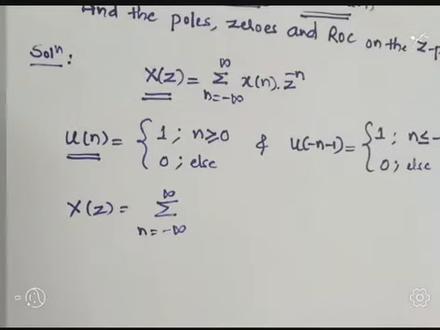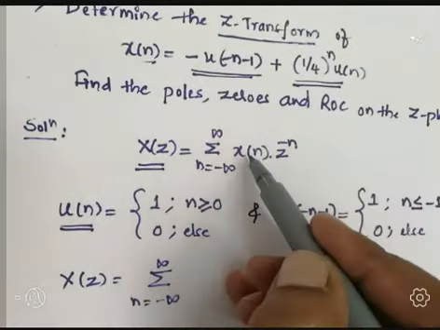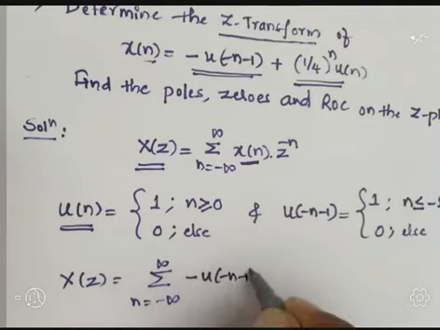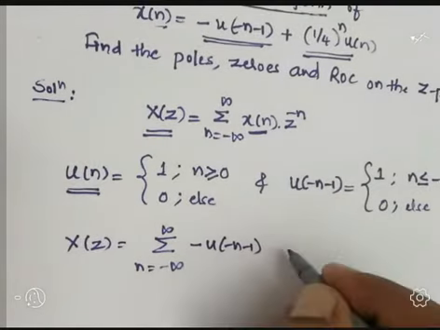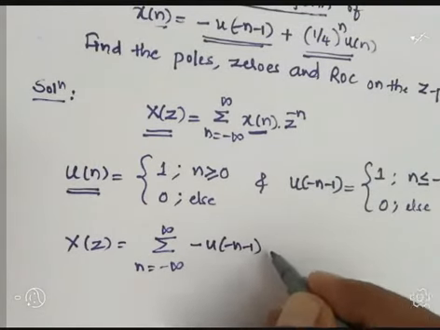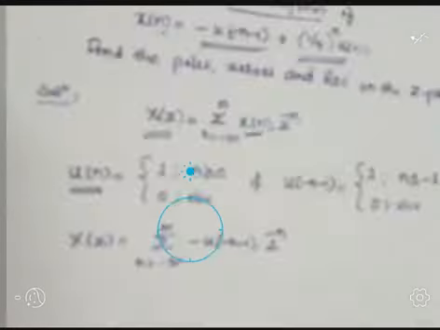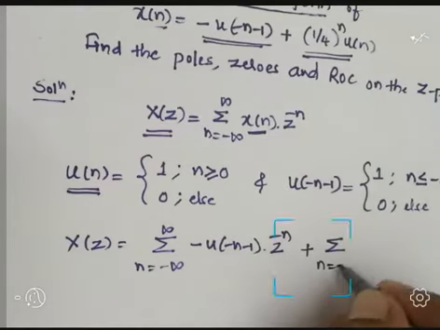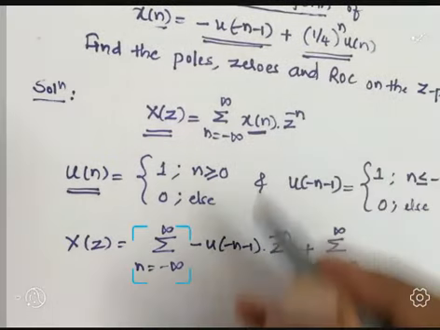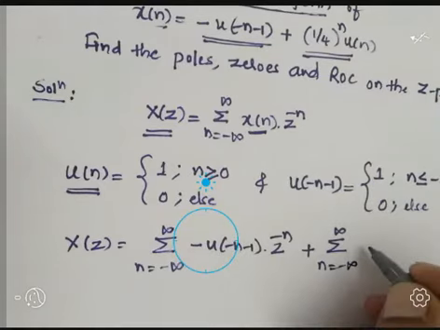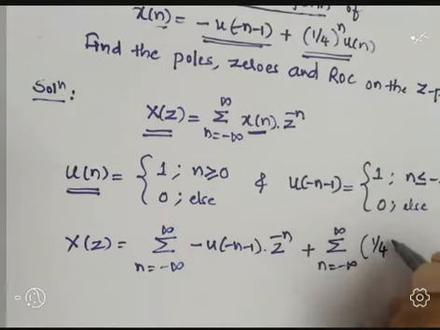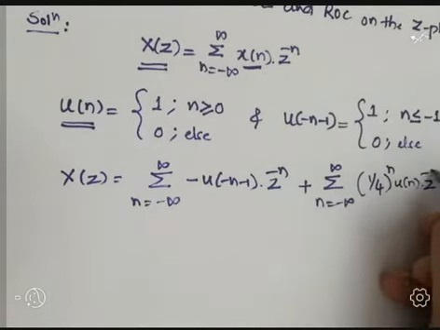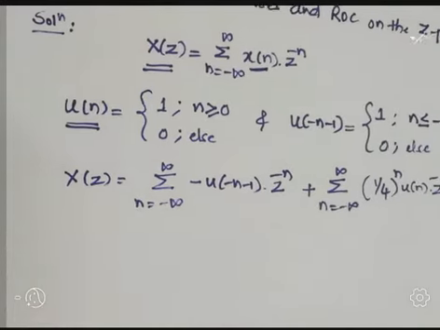First, I directly substitute the given sequence in the definition of Z transform: minus u of minus n minus 1 Z to the power minus n, one part, plus summation n equal to minus infinity to plus infinity. First part we substituted here. Then the second part, that is 1 by 4 to the power n u of n Z to the power minus n. So the second part we substituted.